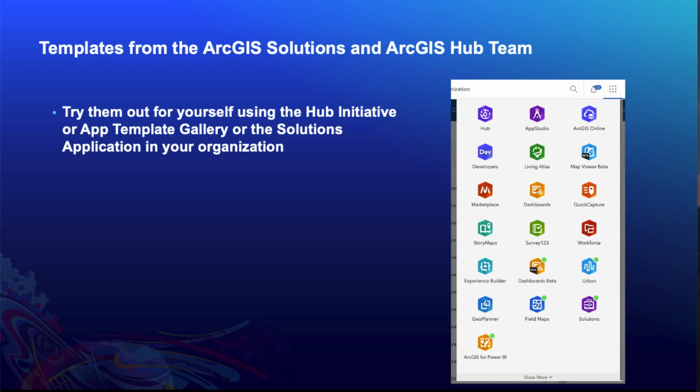Or you can find even more industry-specific configurations created by the solutions team in the solutions application in your organization. In ArcGIS Enterprise and ArcGIS Online, you'll see this app launcher, and the solutions deployer is right here.